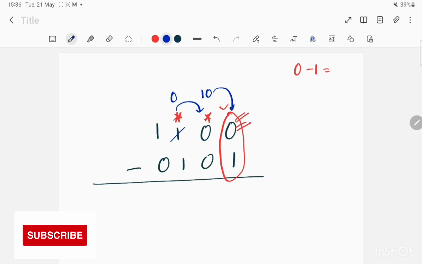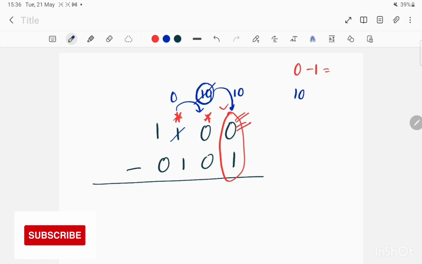When we borrow once more, here we will have 1 0. What we have borrowed is 1. So when we have borrowed 1 from here to here, with 0 it becomes 1 0. Now this is gone.